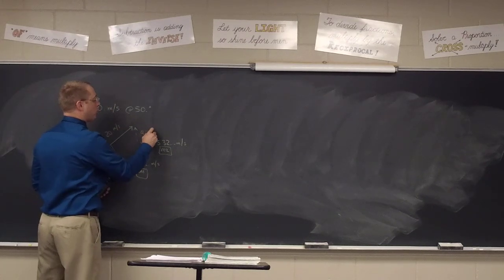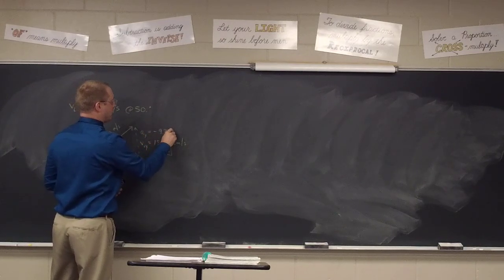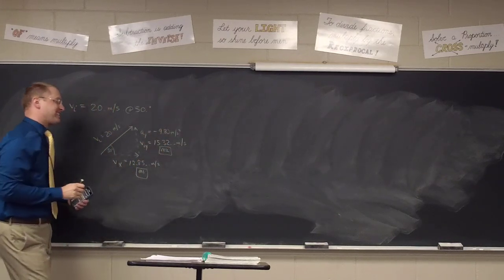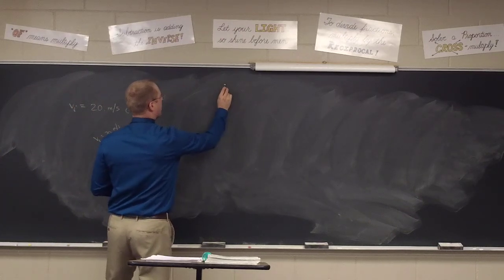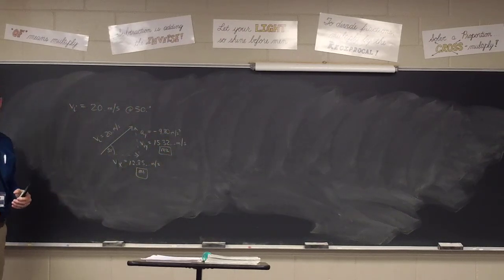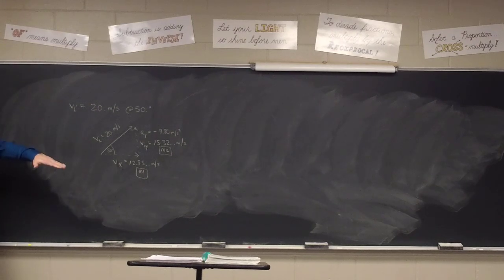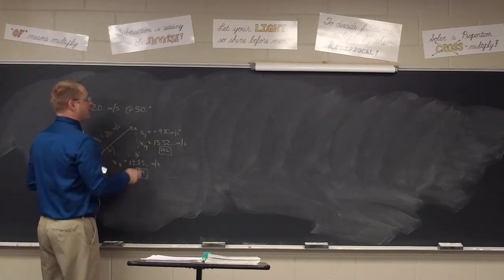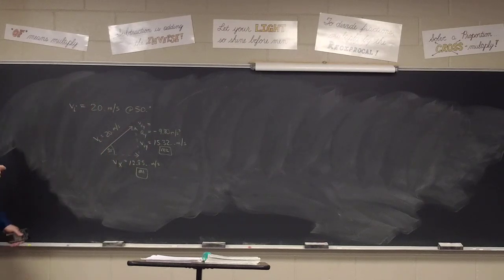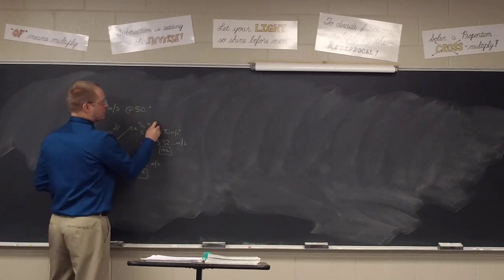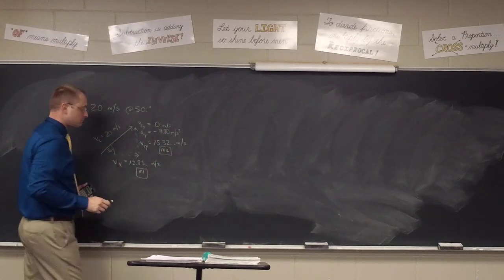So the acceleration in the y is negative 9.80 meters per second squared, because at some point in its parabolic trajectory, there's going to be a point where it stops rising. It's still moving forward, but it stops going up, because at that split-second moment, at the vertex of the parabola, the final velocity in the y is 0 meters per second.